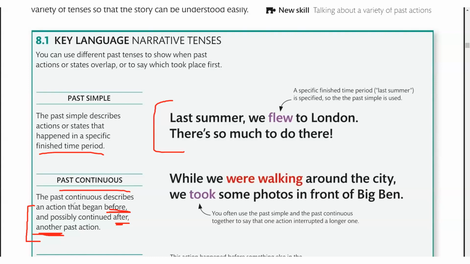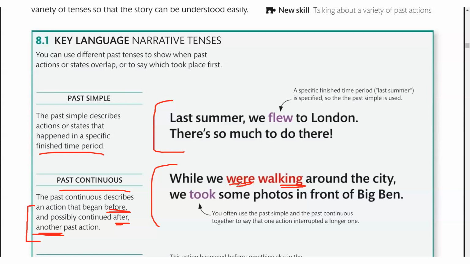So let's look at our next example. While we were walking around the city, we took some photos in front of Big Ben. So we have that continuous tense and we use that ing to show that it's a past continuous tense. Of course, we have were in past and then the walking in ing.